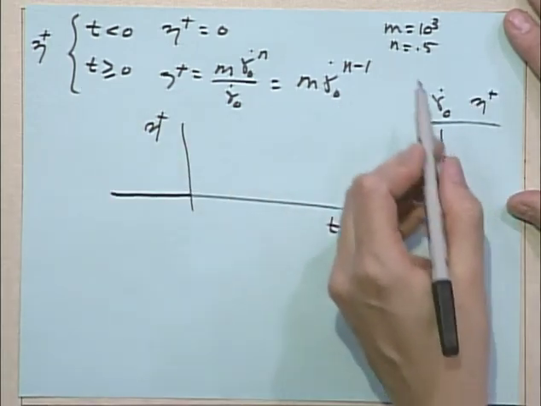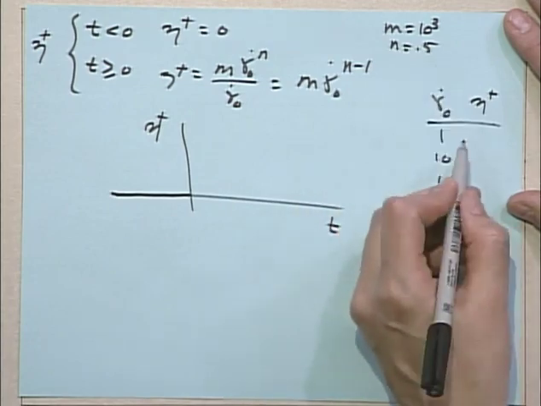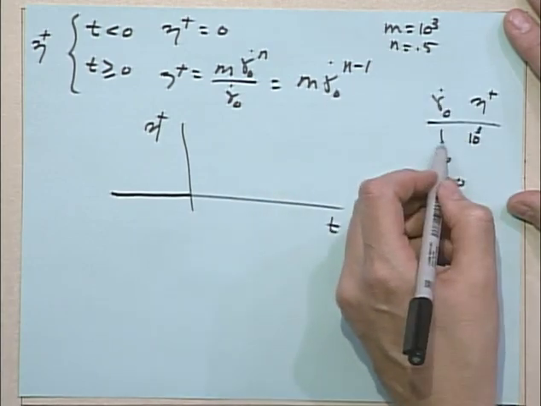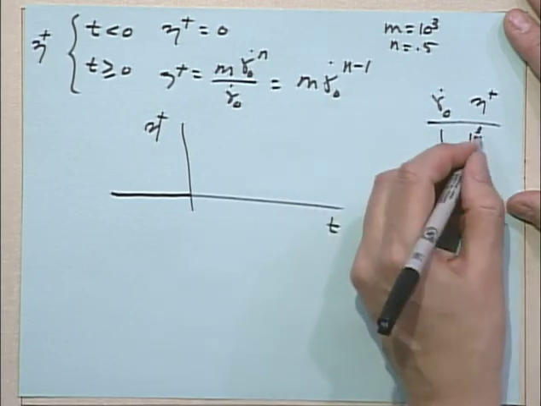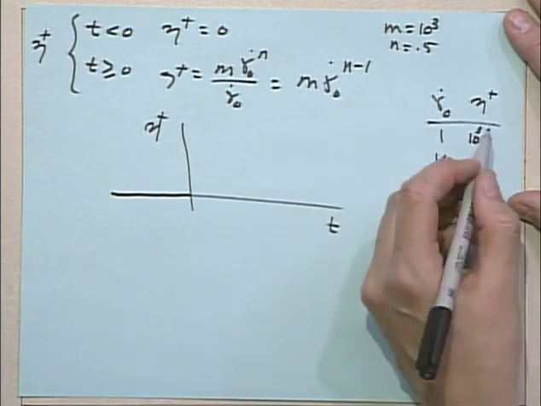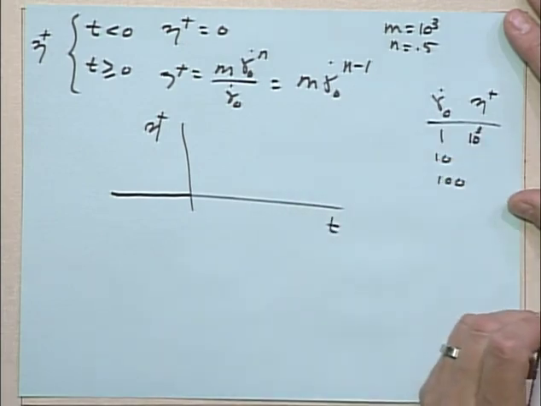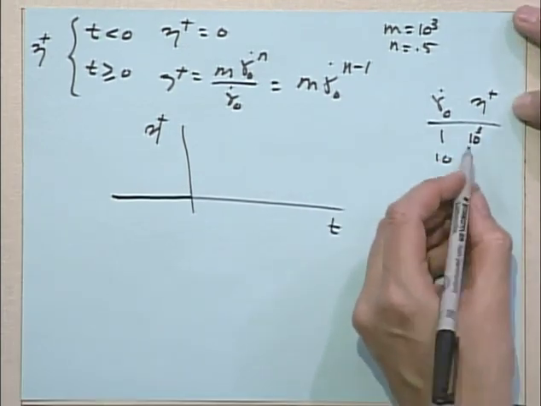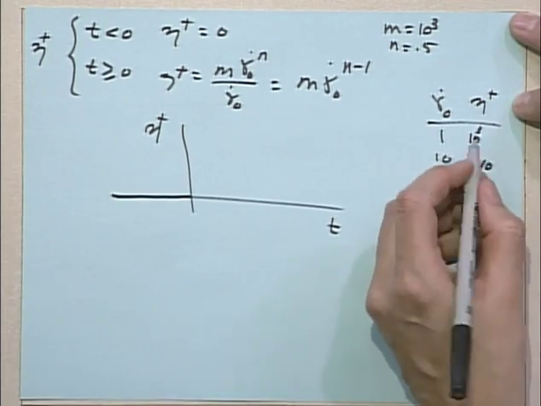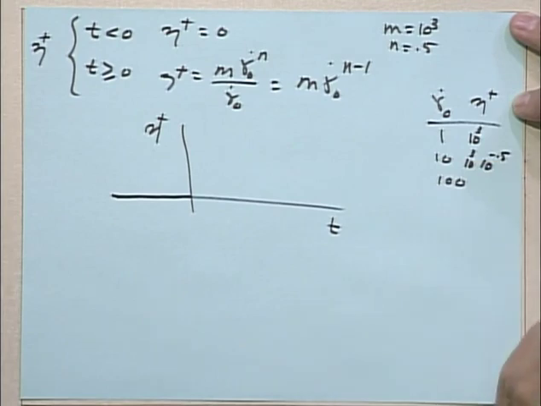at that value of shear rate, is going to be m, so 10 to the third, times gamma dot, which is 1, times 1 to the minus 0.5, so 10 to the third. At 10, it's going to be 10 to the third times 10 to the minus 0.5.